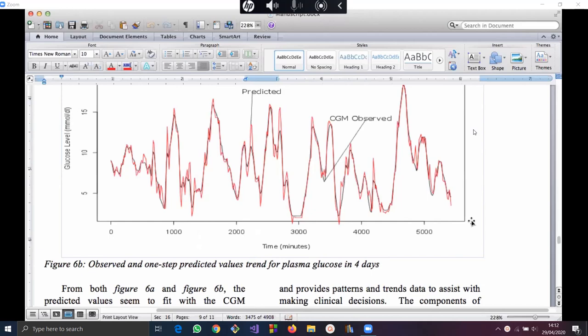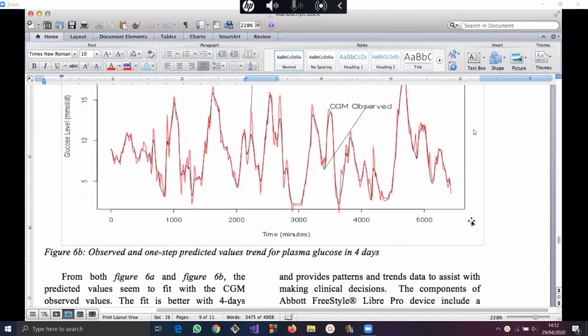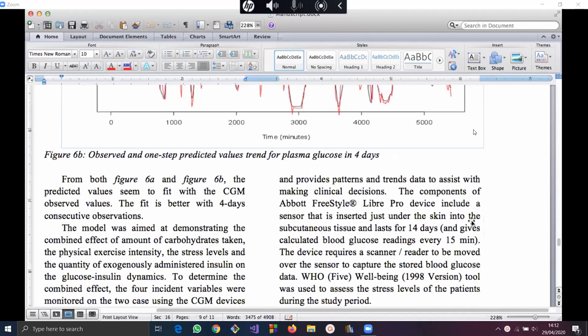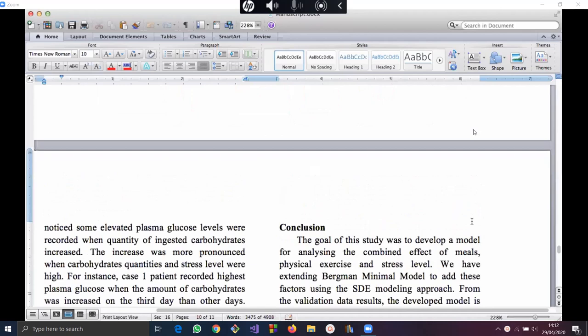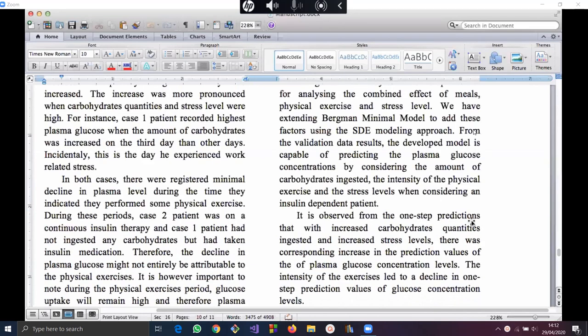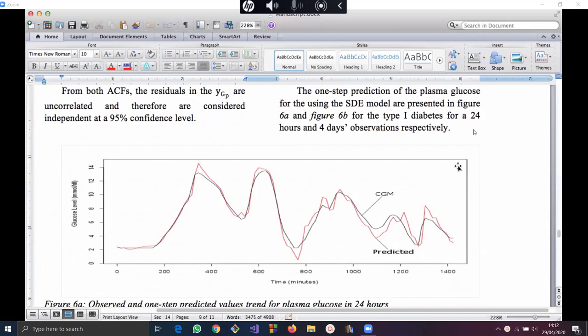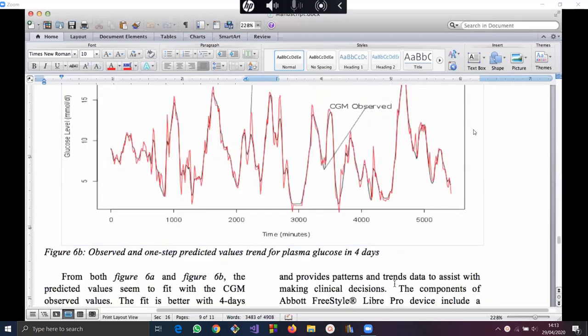This is a type 1 patient, with this kind of output taking the same direction as the real one. So you can actually conclude that indeed the model is working, a model that I personally built from scratch.